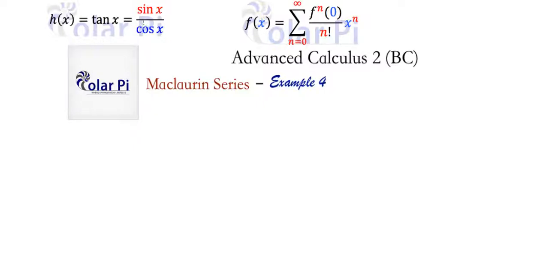But since tan x is equal to sine x over cosine x, the way you find the Maclaurin series expansion for tan x is to take the Maclaurin series expansion for sine x, that infinite polynomial, and divide it by the Maclaurin series expansion for cosine x, which too is an infinite polynomial. So you get there by doing long division on an infinite polynomial divided by another infinite polynomial. Now, that sounds interesting, but it's a lot of tedious work, so I'll save it for a later example.